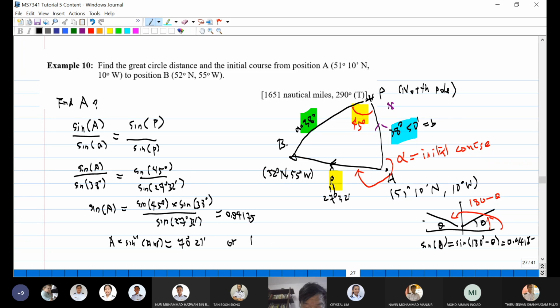So your A could be 180 minus 70, about 109 degrees 40 minutes. We know that this is actually a big number, which we will reject here. So this angle is rejected.